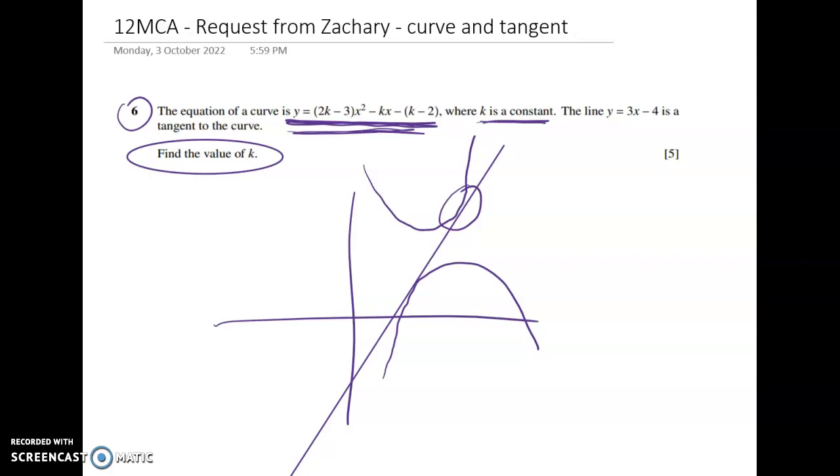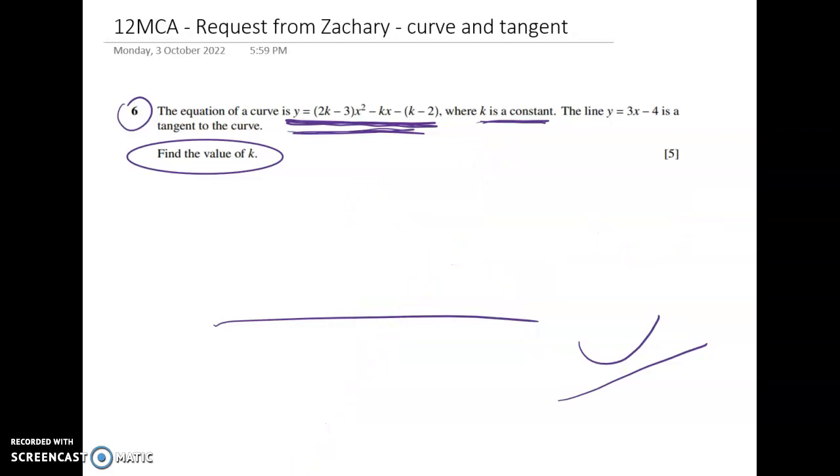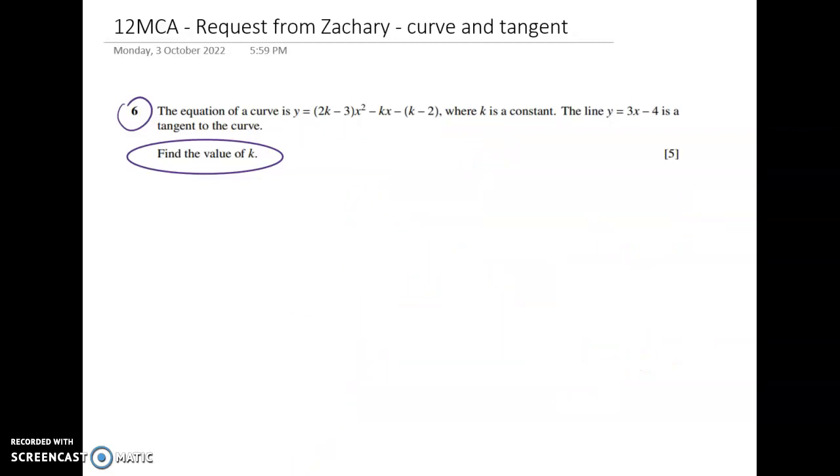So if I've got a line and the parabola cuts the curve, that means I've got two solutions to the equation. And if it's a situation like this, I've got no solutions. But if it's a tangency situation, then one solution. And so all we have to do is equate those two things and then find the condition for k when the discriminant is equal to 0. So let's do that now.